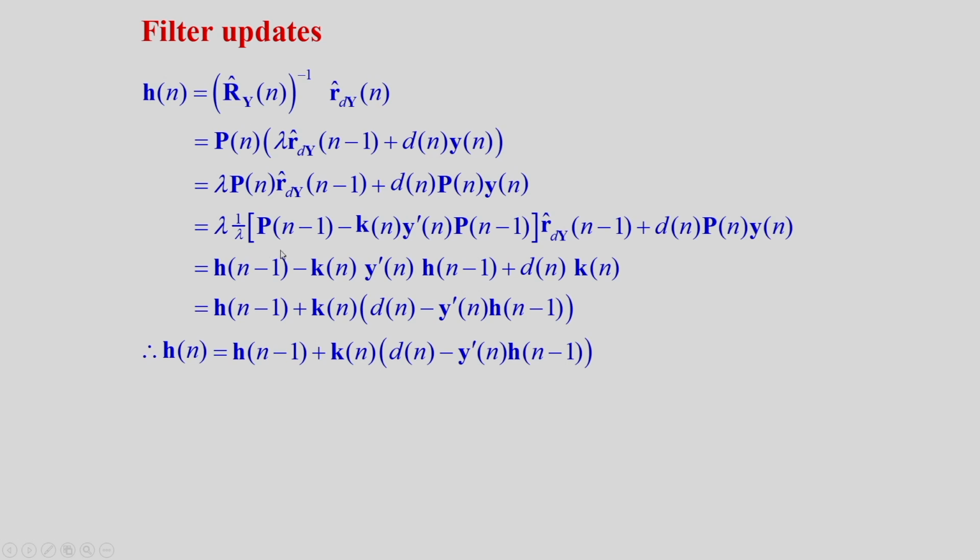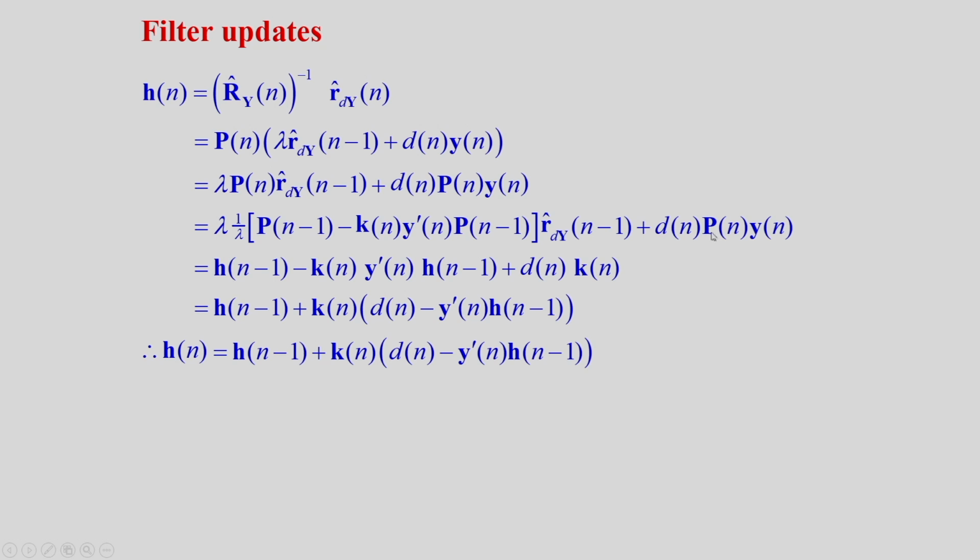And therefore, now this quantity Pn minus 1 into r dy hat n minus 1, that will be h of n minus 1, because this is the inverse of the autocorrelation matrix multiplied by the cross correlation function, that will be h of n minus 1. And this is Kn, and similarly this is Pn minus 1 into r dy hat n minus 1, that will be again h n minus 1.